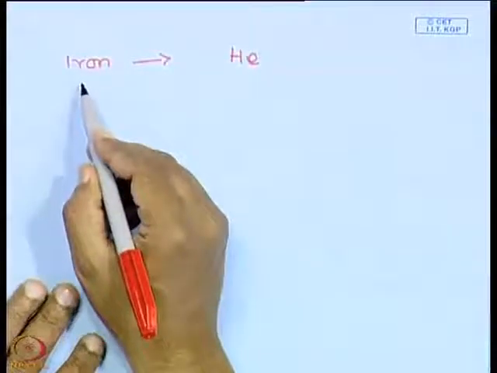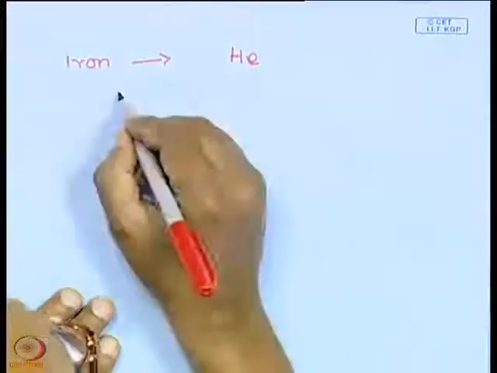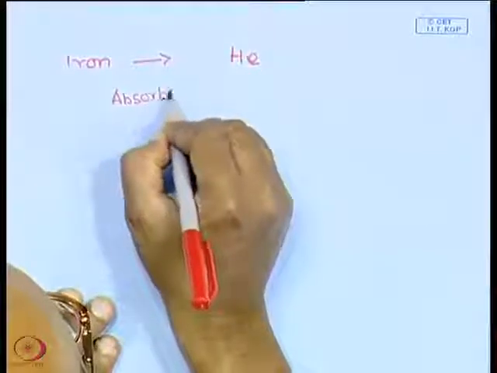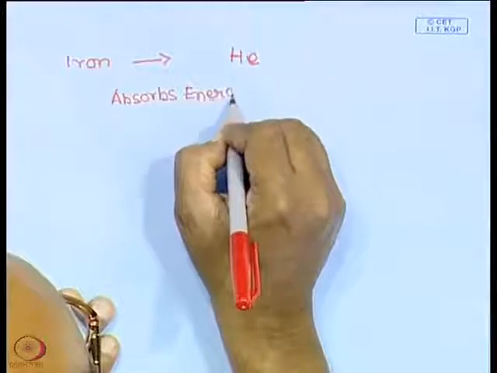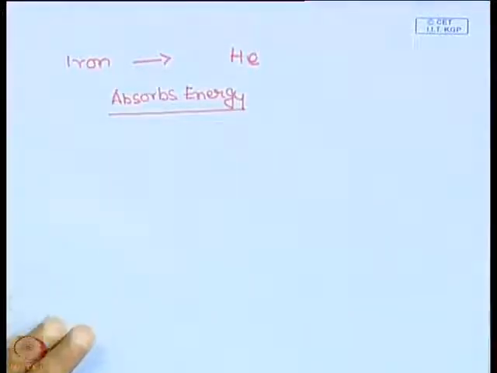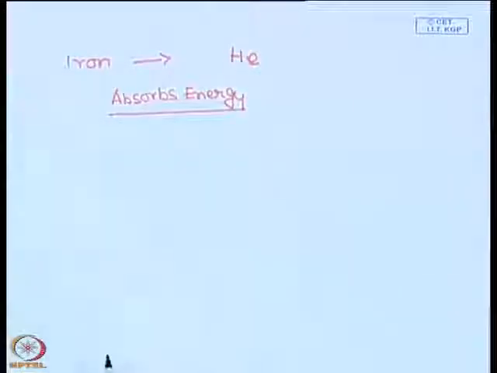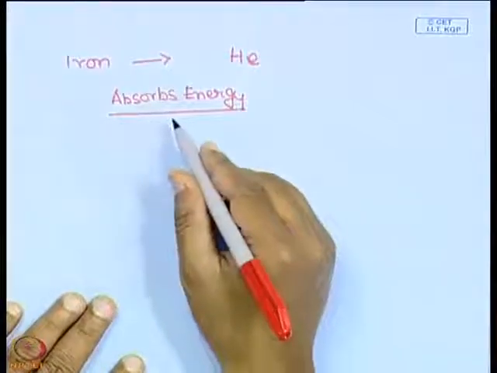Iron is the most stable nuclei, I have already told you that. Despite all of this, the inner part gets tremendously heated and it radiates, and there are also neutrinos.